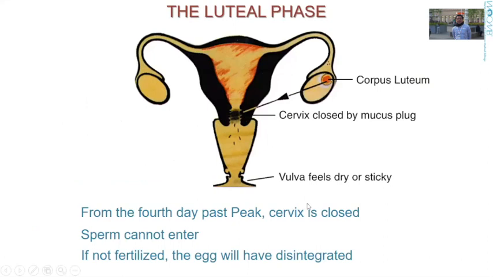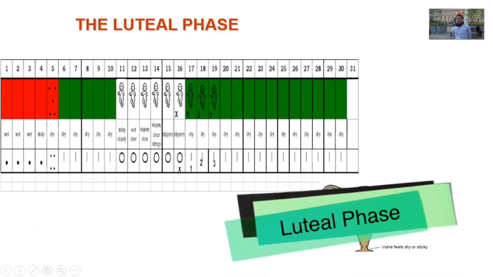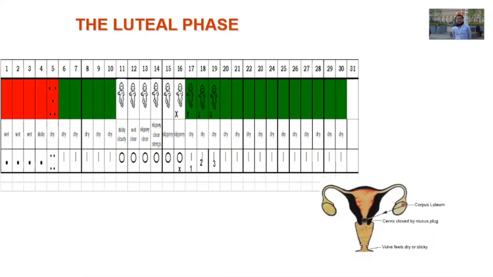After that, we will now have what we call the luteal phase. The luteal phase starts on the first day after the peak day. So all the color green is considered to be the luteal phase. But the first 3 days of the luteal phase are considered to be fertile.